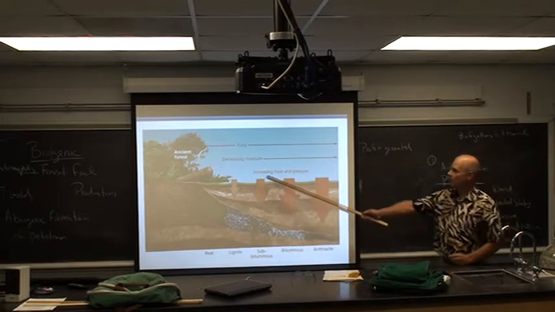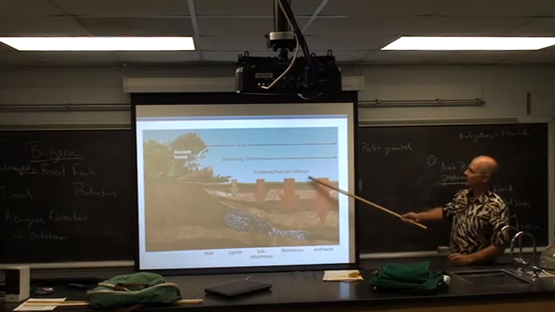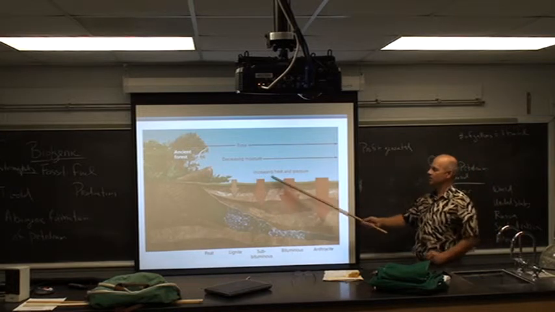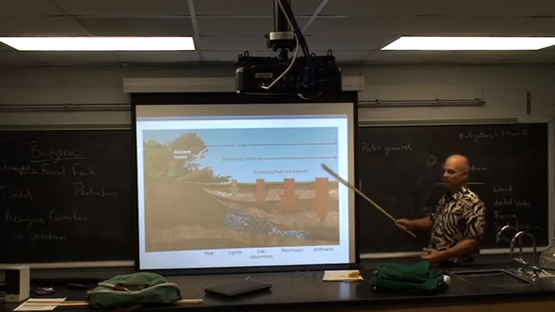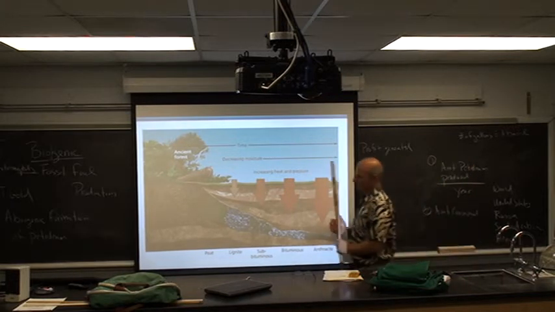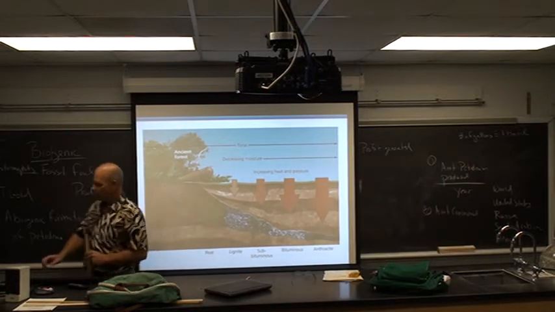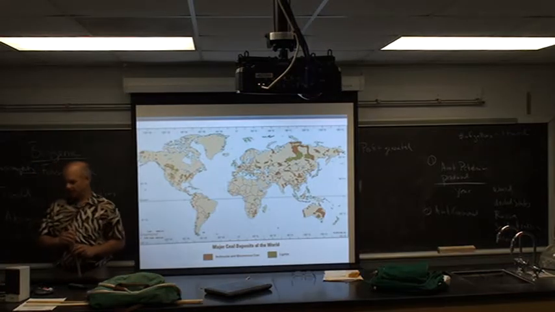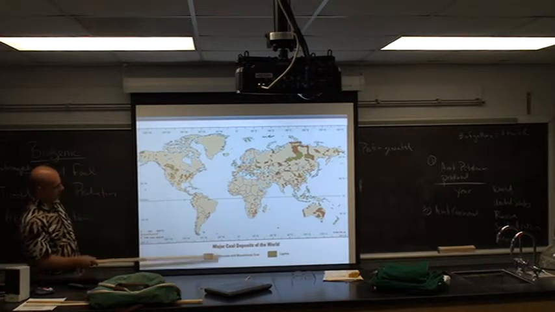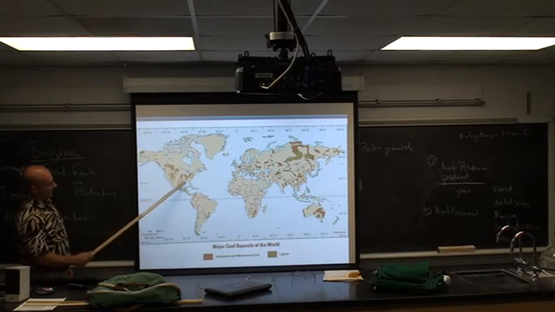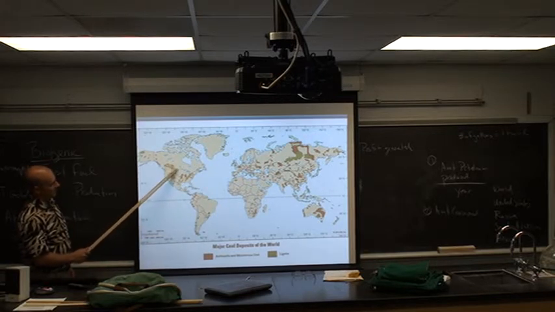All right, and so the forces that are acting here is it gets hotter and the pressure gets greater. Pretty well determined. Here's where you find these things. So we already mentioned that. So lignite is, you know, not the good stuff.